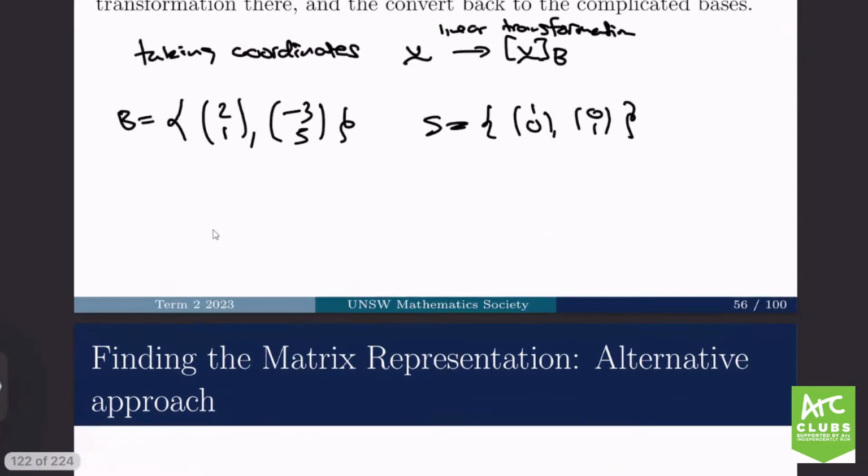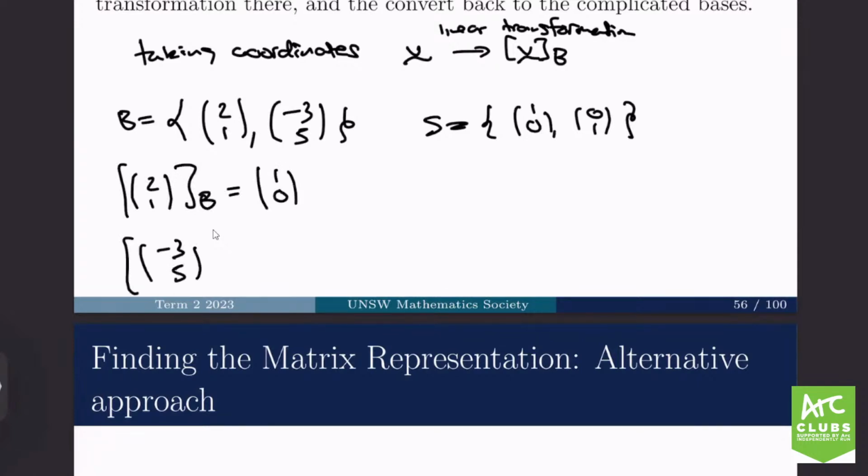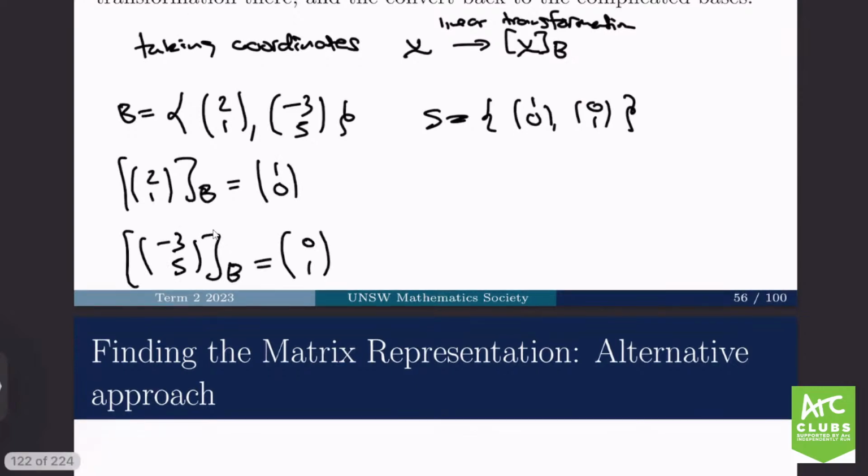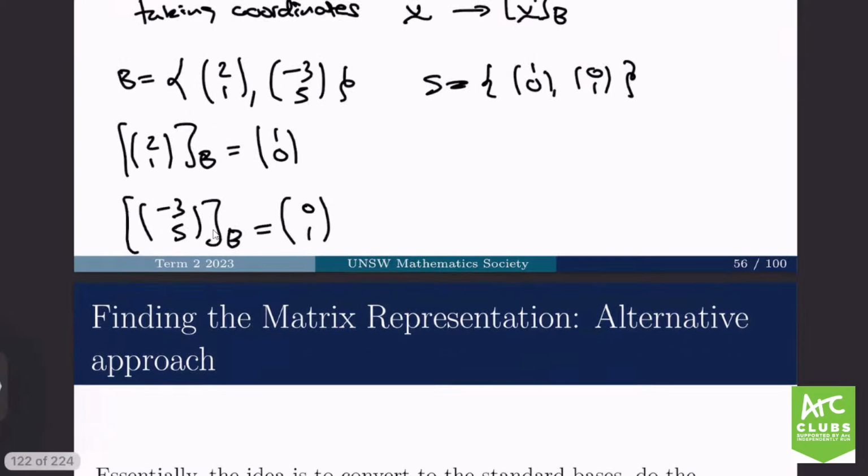So to do that, consider the fact that (2, 1) written with respect to my basis B is just (1, 0), and (-3, 5) written with respect to my basis B is just (0, 1), right? So now you can see that the matrix with columns (2, 1) and (-3, 5) is actually a matrix that will convert my basis B to the standard basis.